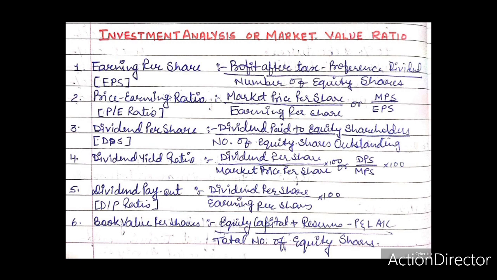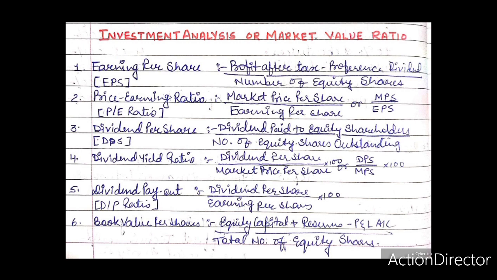Interpretation and significance. Price earning ratio helps in the assessment of the profitability of a firm from the point of view of equity shareholders. It indicates the market opinion of the earning capacity of a share and the future prospects of the company.